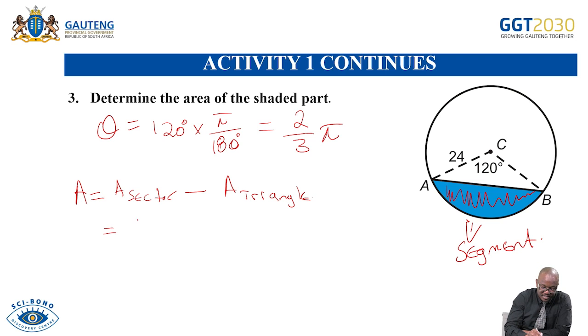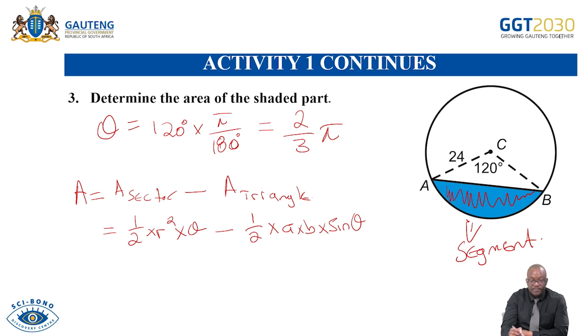The area of a sector is 1 over 2 multiplied by r squared multiplied by theta. Minus the area of a triangle, which is 1 over 2 multiplied by A multiplied by B multiplied by the sine of theta.